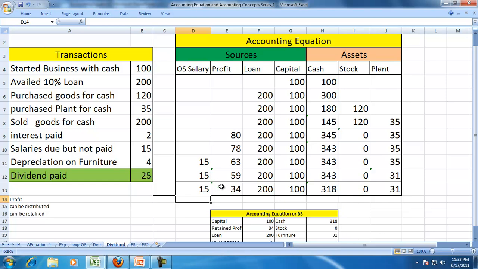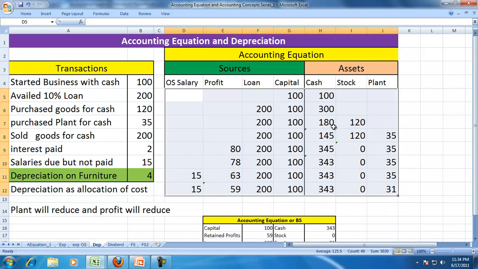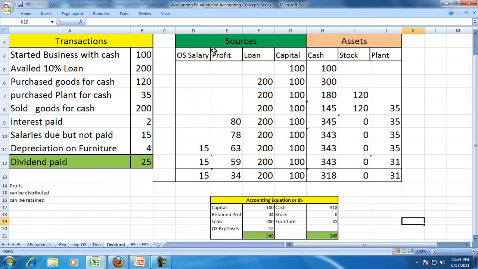So dividend reduces the profit and when dividend is paid, there is a cash reduction. And in the same way, you can see that your accounting equation in the form of balance sheet also looks the same. So that means depreciation reduces the plant and reduces the profit. Dividend reduces profit and reduces the cash.